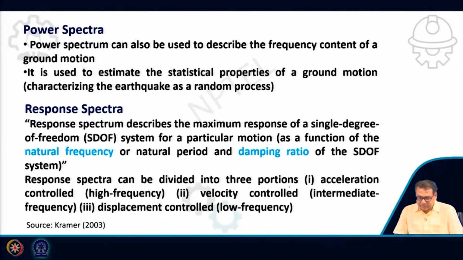So it is divided into three portions: acceleration control, velocity control, and displacement control. Now here we are talking about the maximum response of a single degree of freedom system for a particular motion.